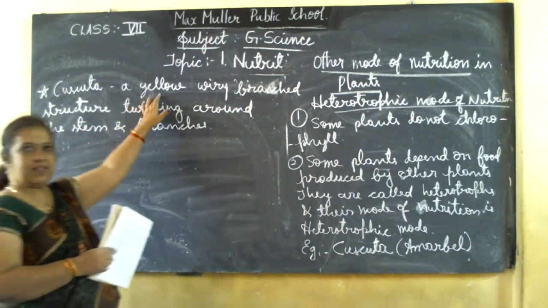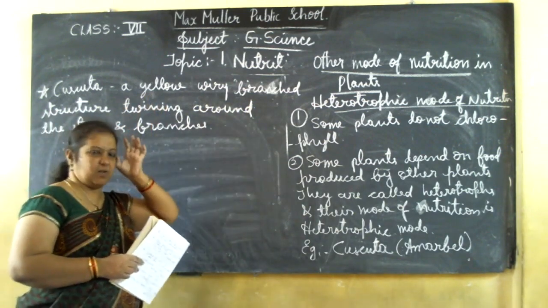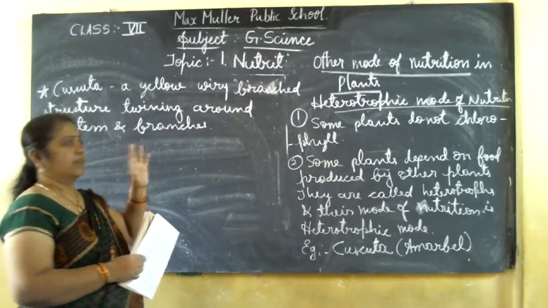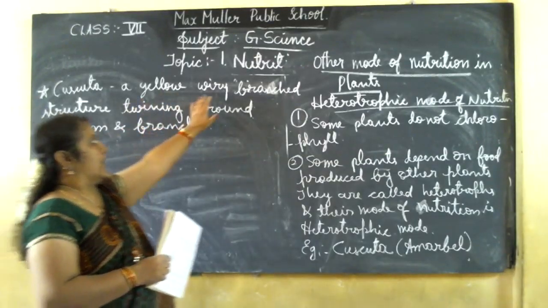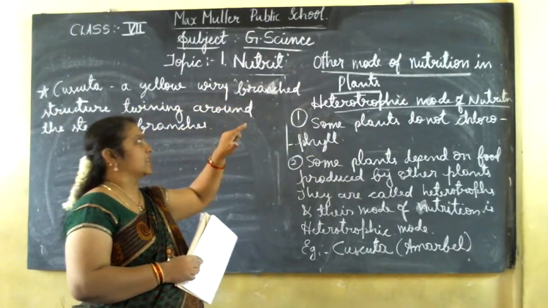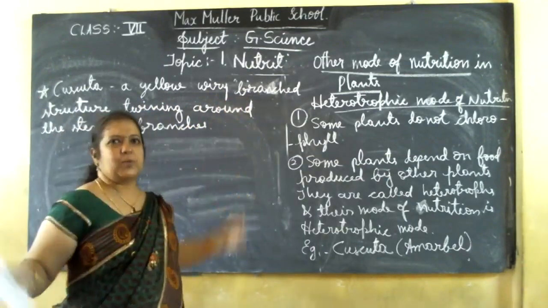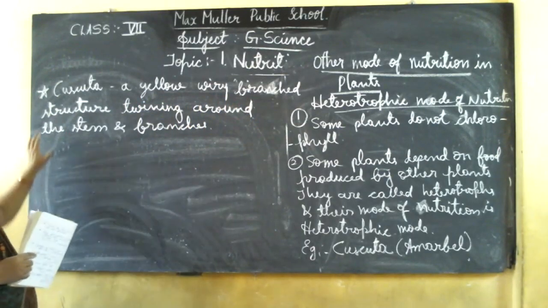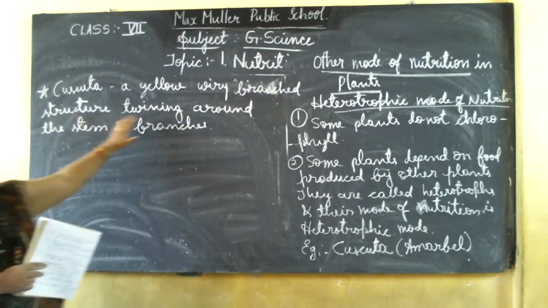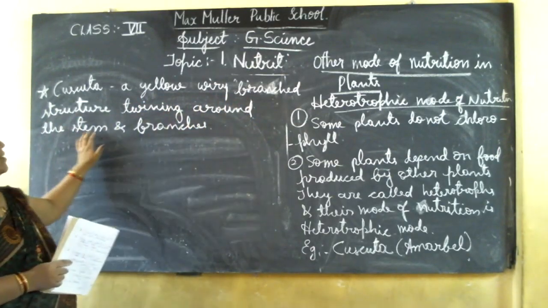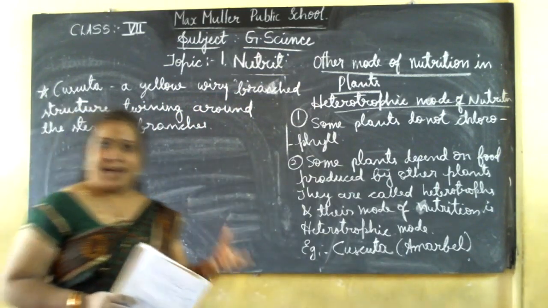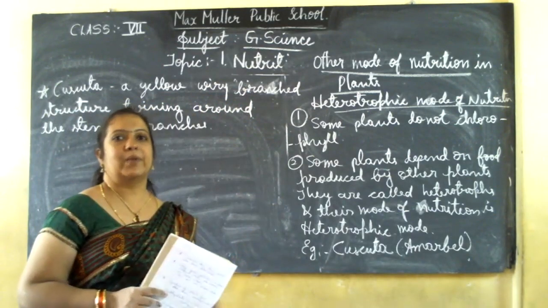Yellow colored, or you can also say light green, like the color of a lemon. It is a wire-like structure, branched, spread all over the other plant's body, twining around the stem and branches. It covers all the places of a tree or plant.